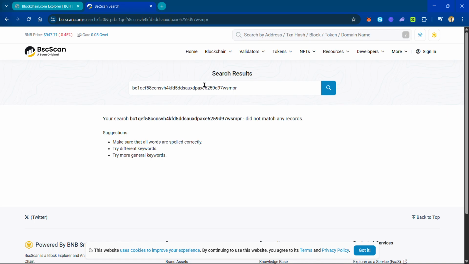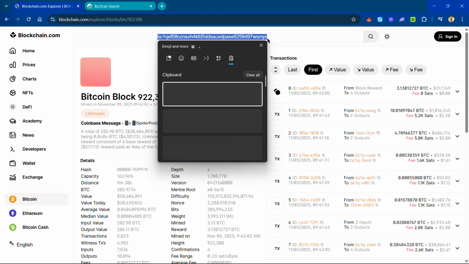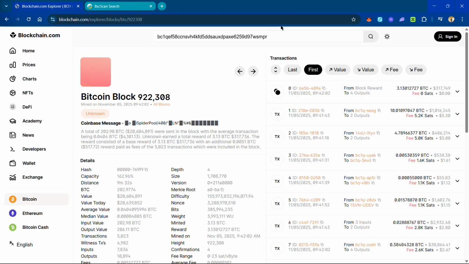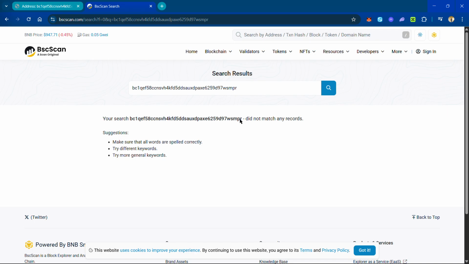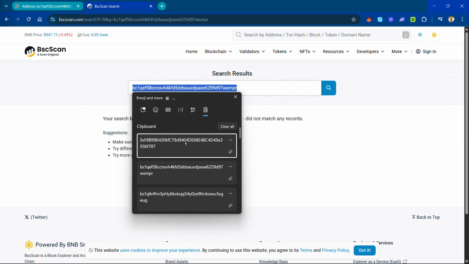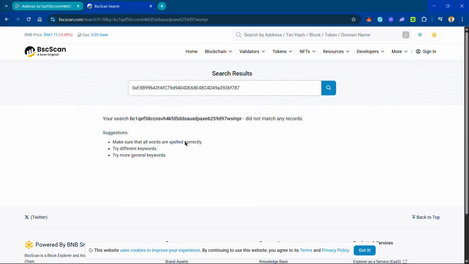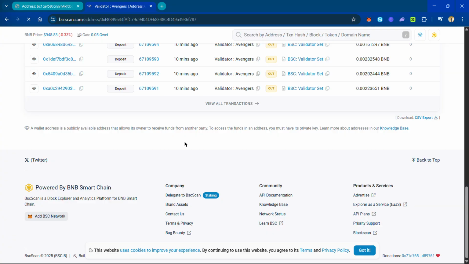If this is pasted here, you see that it will show, but it will not show here. But if I now paste the BSC scan address, you find out that I can see the transactions done.